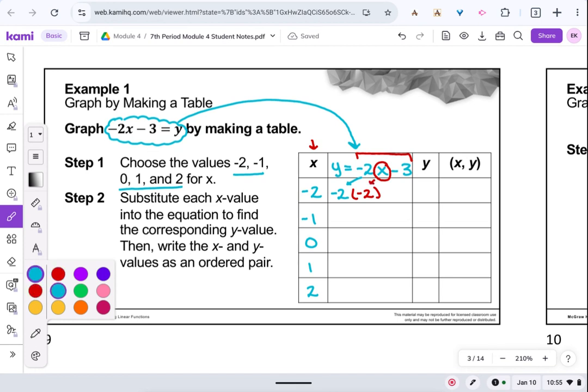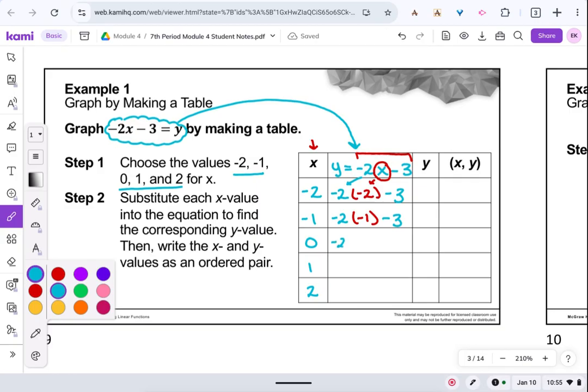And then the -3 comes down like so. I like to fill this whole column in first and then go back and do the calculations. Again, the -2 in the front stays because that's what's in our equation. The x spot is now going to become a -1, and the -3 on the end stays as a -3 because that's our equation.